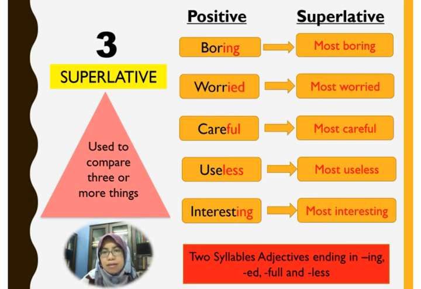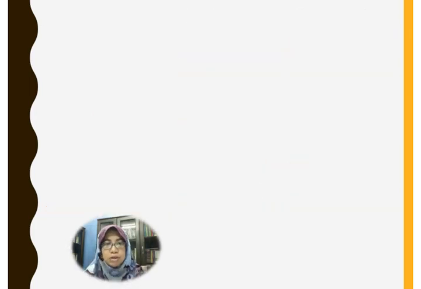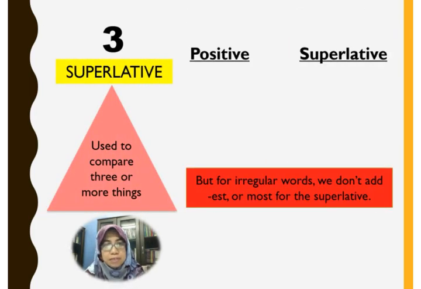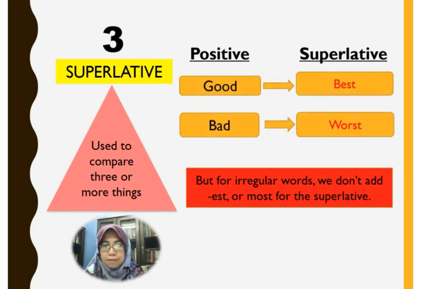Paling boring, paling susah hati, sangat berhati-hati, sangat menarik. That is most. We also have irregular words. Yes, we don't have to add -est or most for the superlative. It is the same as in comparative forms just now, which is we have to change the whole words.